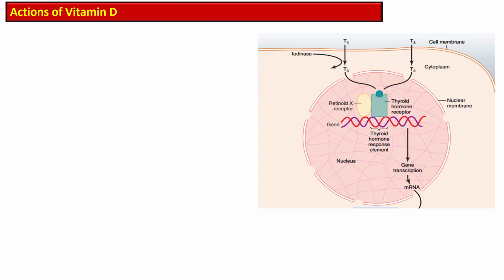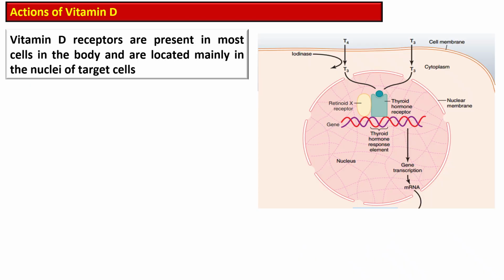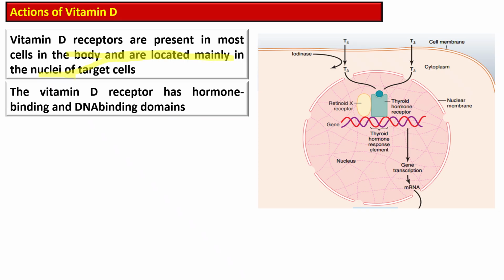So vitamin D receptors, as it is a steroid, these receptors are mainly located in the nuclei of the target cell and present in most cells in the body. They have a hormone binding site and DNA binding domain. So they are more or less like thyroid hormone action.